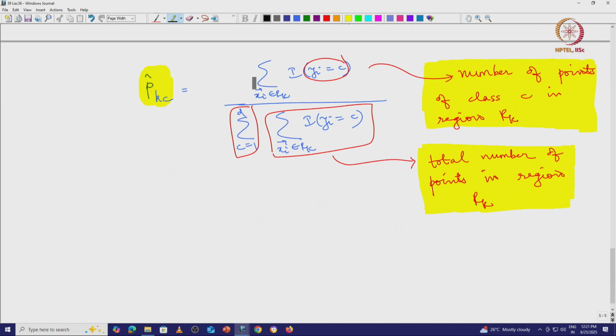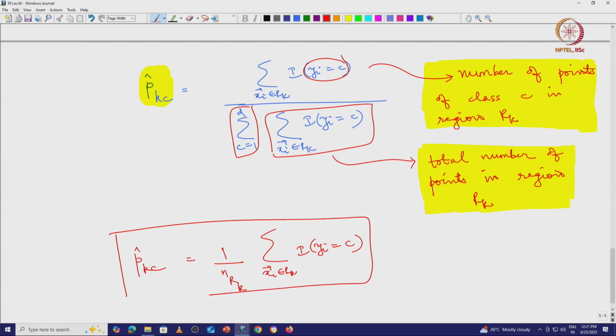So if you want to write it in a slightly simpler manner, you can write that p hat kc is 1 over nRk, where nRk means the number of points in region Rk, times the summation over xi belongs to Rk of the indicator yi equals c. Okay, and I am just using this nRk to denote the total number of points in the region Rk.